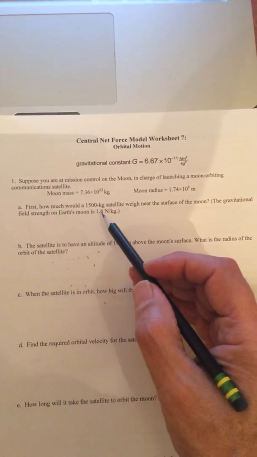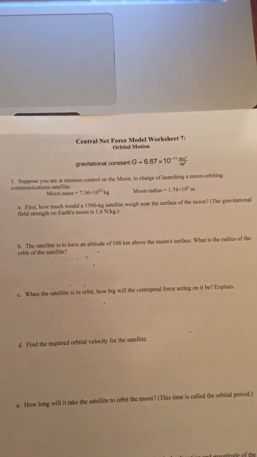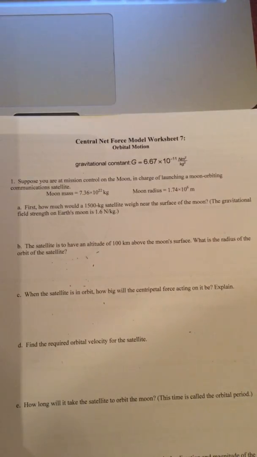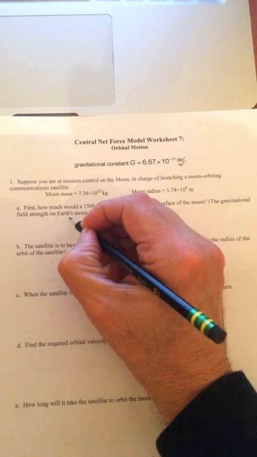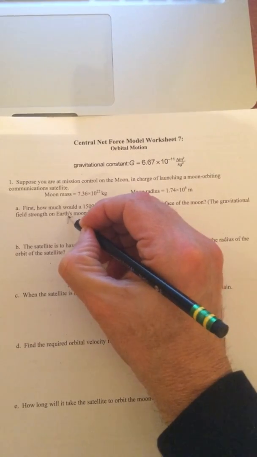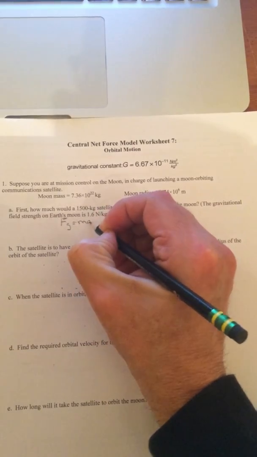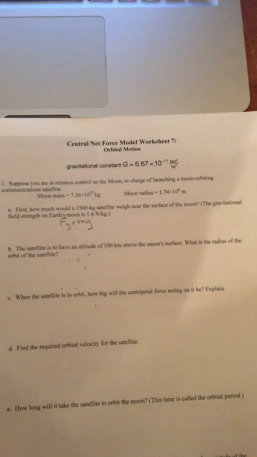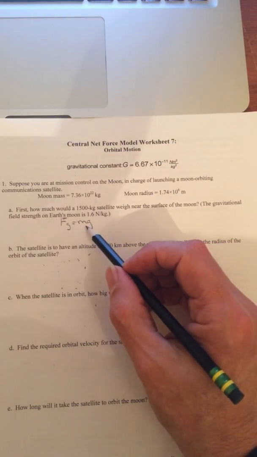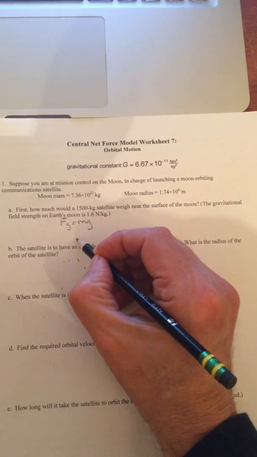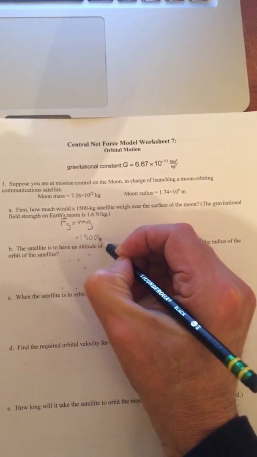First, how much would a 1,500 kilogram satellite weigh near the surface of the moon? So let's step back. And like Mr. Thomas Palmer did, we know that force gravity is m times g. And we know that the mass of our satellite is 1,500 kilograms.